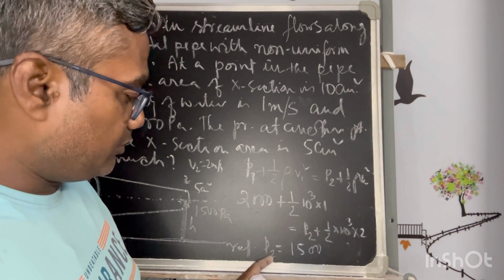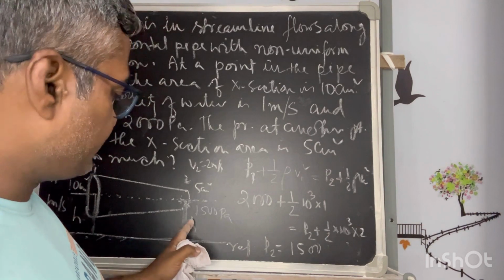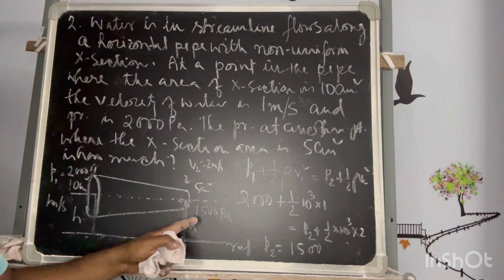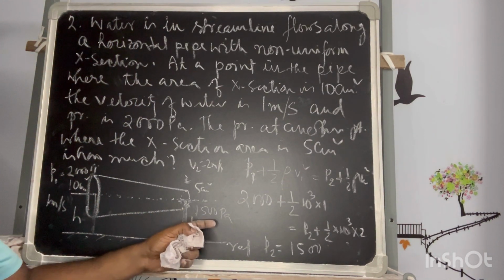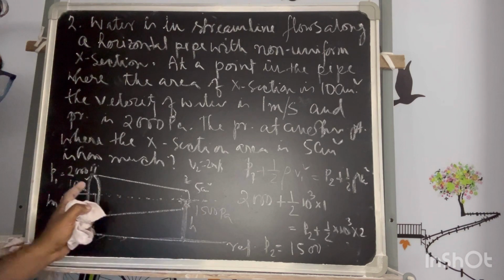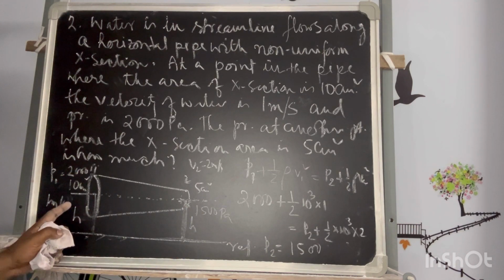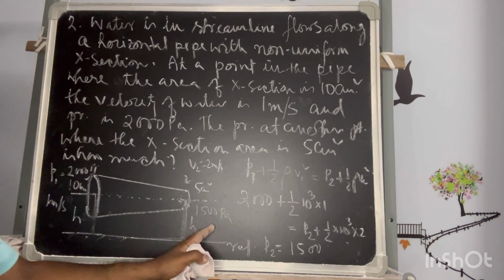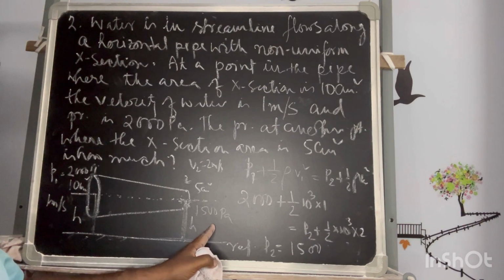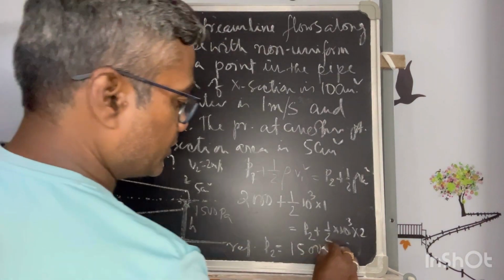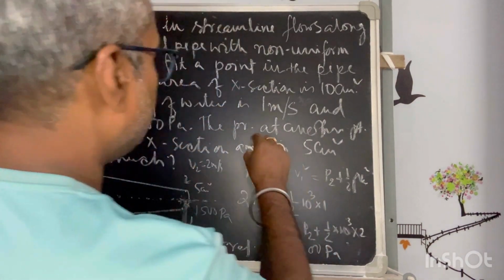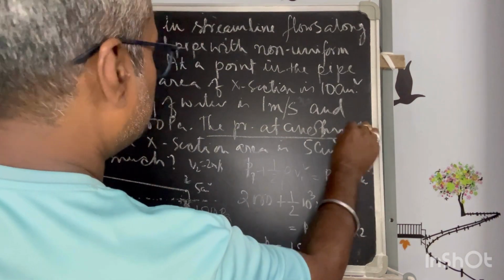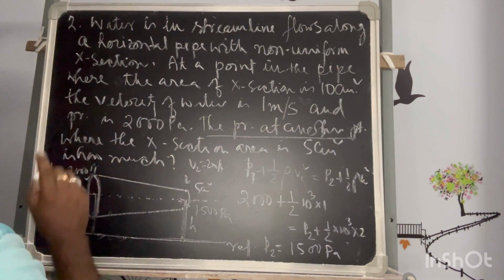We got that P2, confirming the state of flow: because velocity is higher, the pressure energy has to reduce. So this is the pressure at the other point where the cross section is given, this much Pascal.